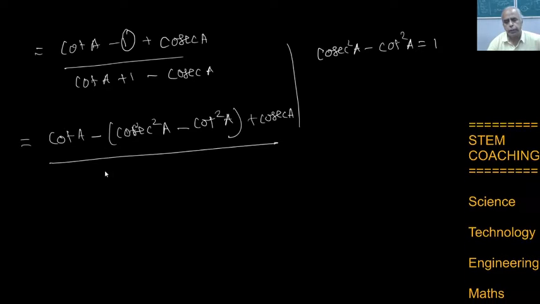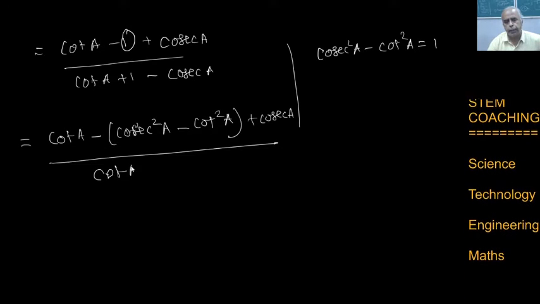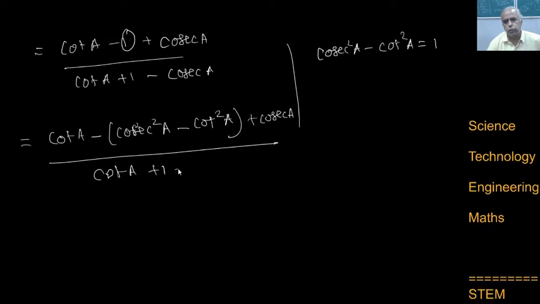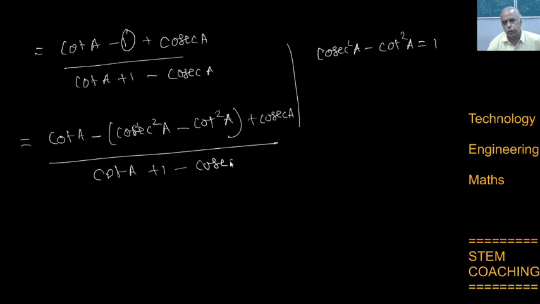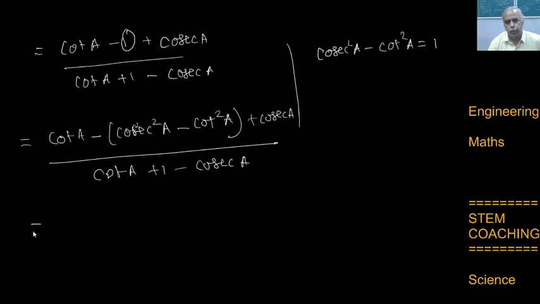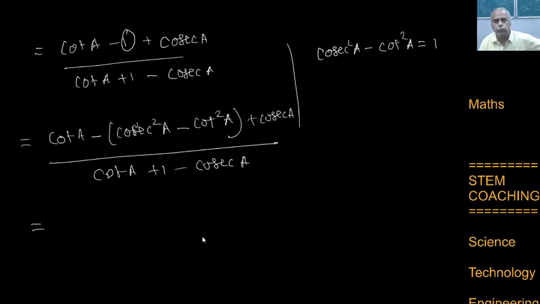Whole divided by cot A plus 1 minus cosecant A. Okay? Got it?